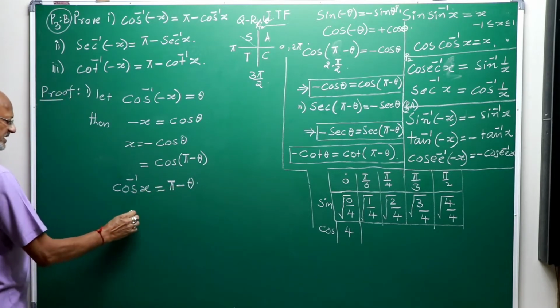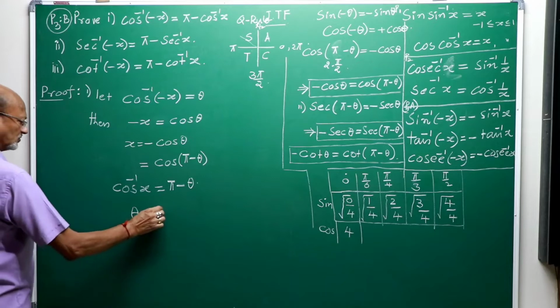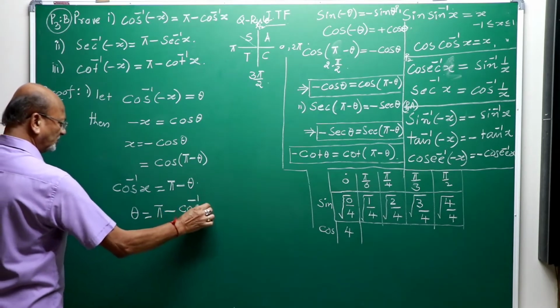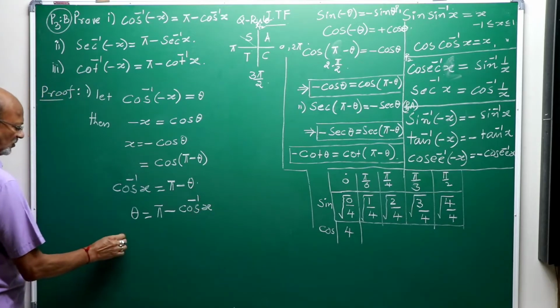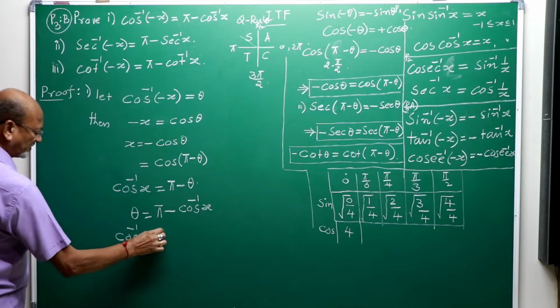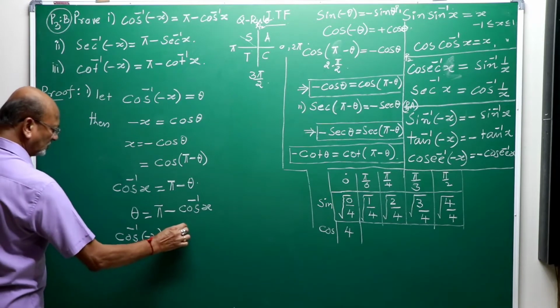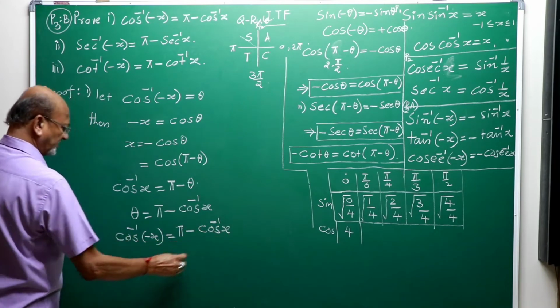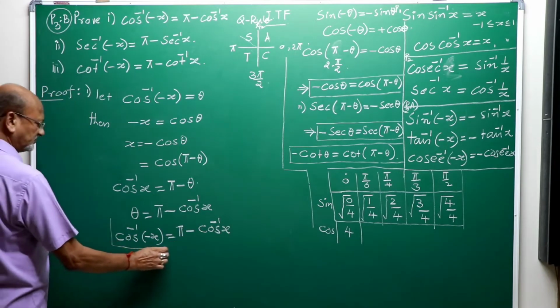Then bring theta this side. Theta equals pi minus cos inverse x. What is theta? Cos inverse of minus x equals pi minus cos inverse x. Yes, my friends. This is the proof.